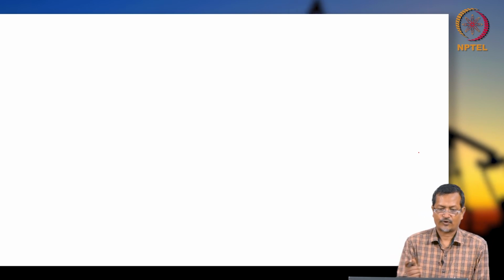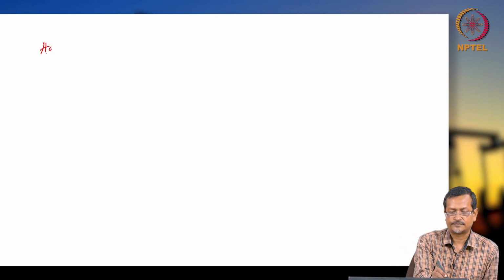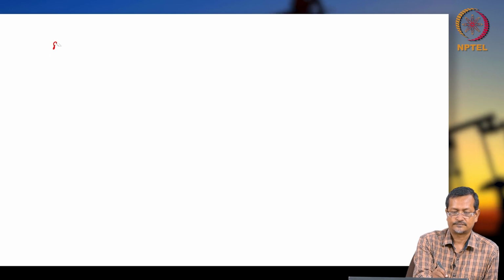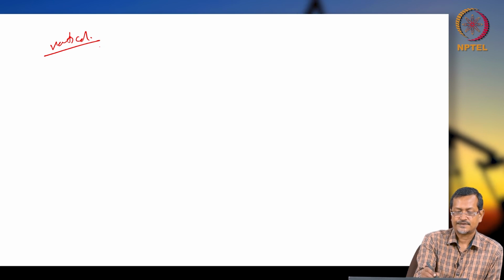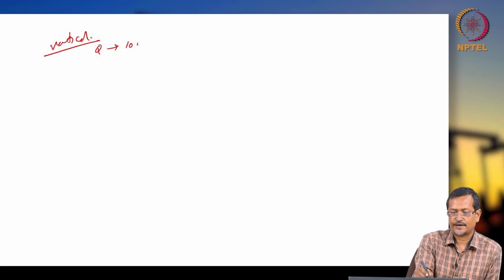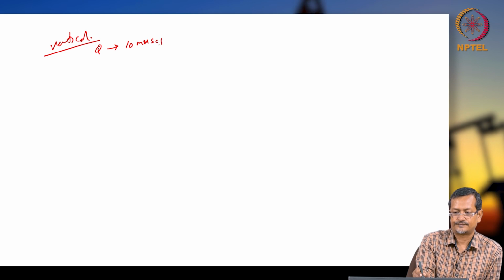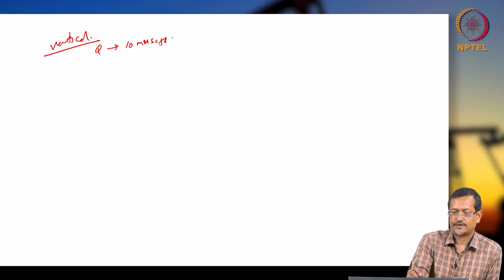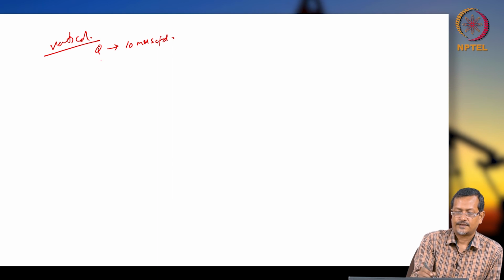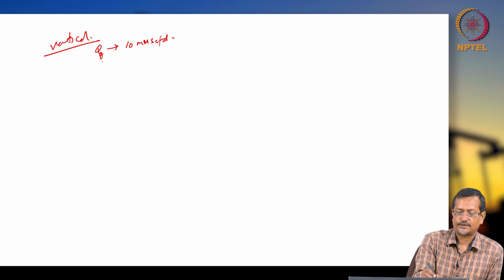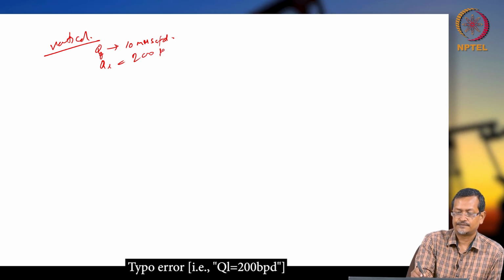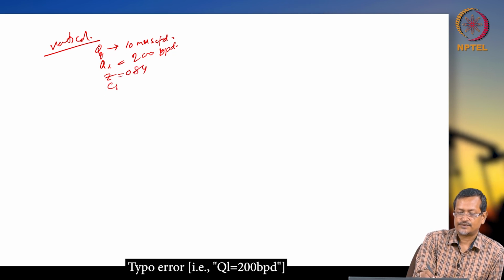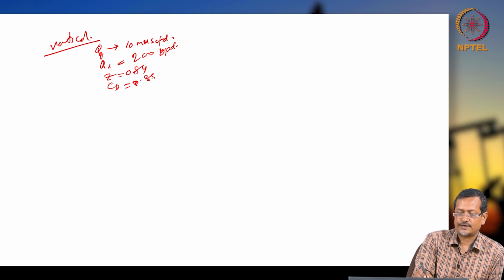Okay. Take the similar problem as for the horizontal separator. This is for vertical. So for the vertical separator, the same flow rate you are taking: gas flow rate 10 mmSCFD, liquid flow rate equals 2000 BPD. Z value 0.84, your CD value 0.851.